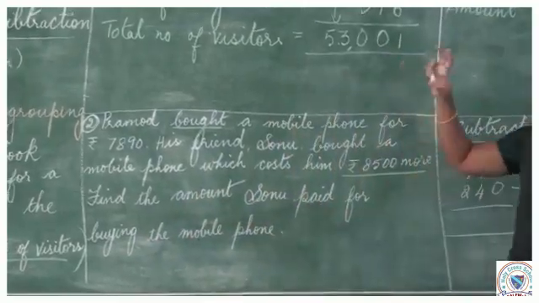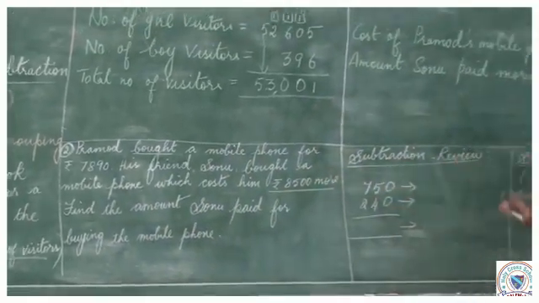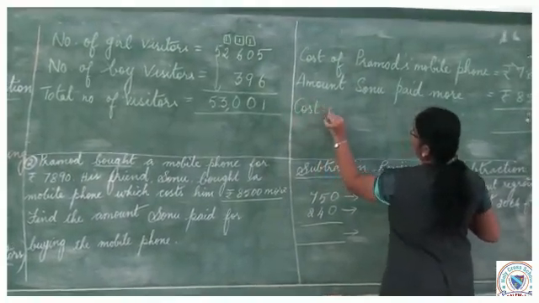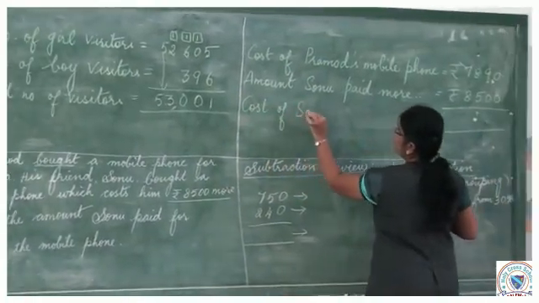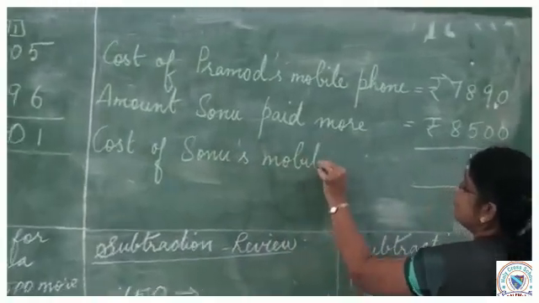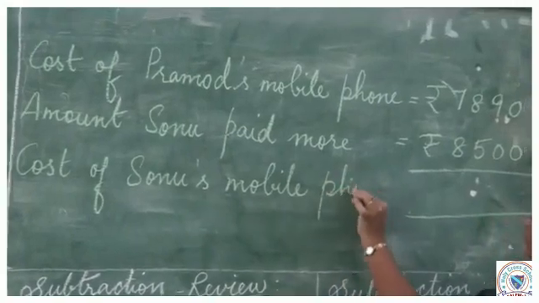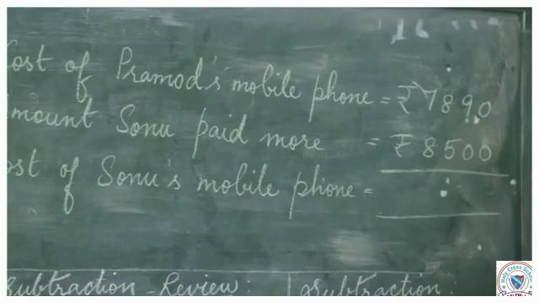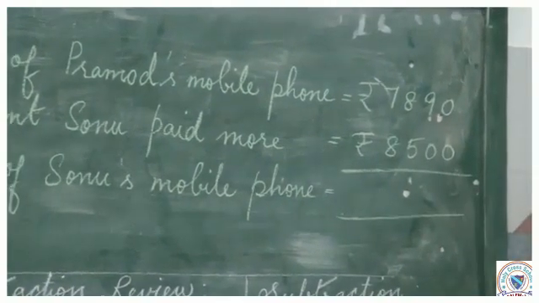So here, since the word buying is coming, you can use the word cost. Cost of Sonu's mobile phone. And you have to add these two numbers to find the answer.